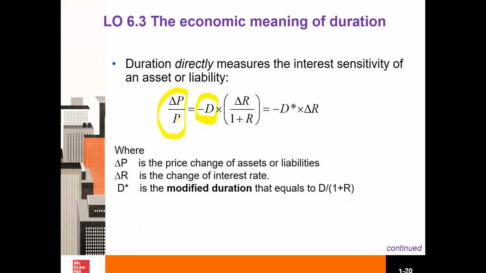So the number D is the interest elasticity or sensitivity of the security's price to small change in interest rate. That is, it describes the percentage price fall of a bond for any increase in the required interest rate. It means that if an interest rate increases by, for example, 1%, this D will tell you how much the price will decline.